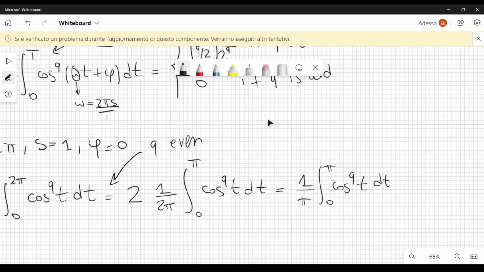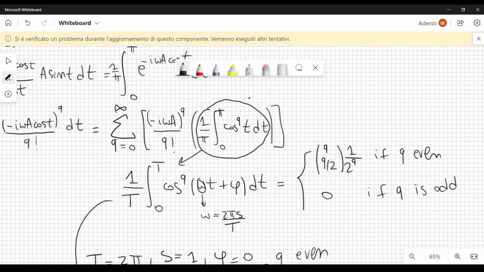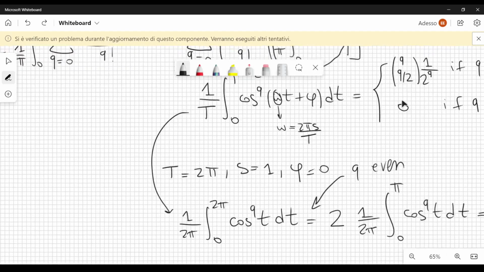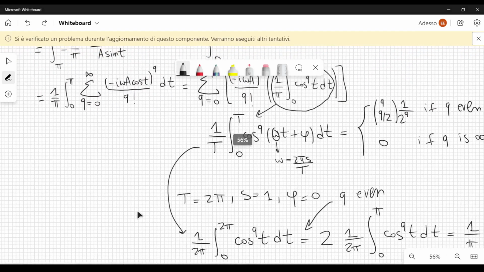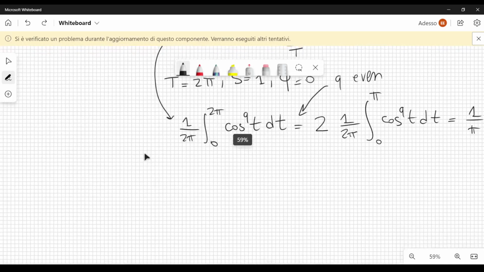Now, of course, as I said, this is equal to the binomial coefficient q choose q halves times 1 over 2 to the power q. And now we can substitute it here. We have to be careful because we have to sum over even values of q, not all the values from 0 to infinity, but only the even ones. So let me rewrite the expression here.